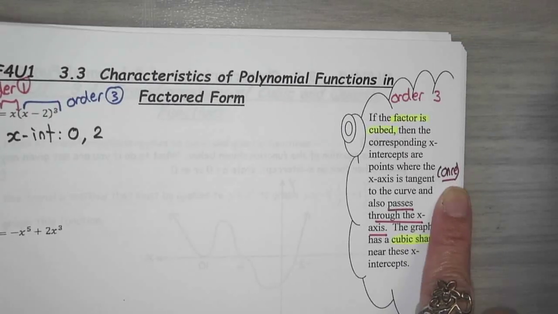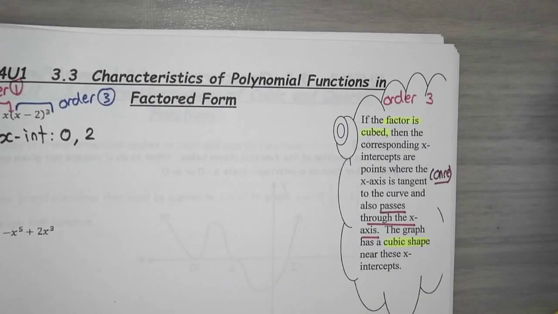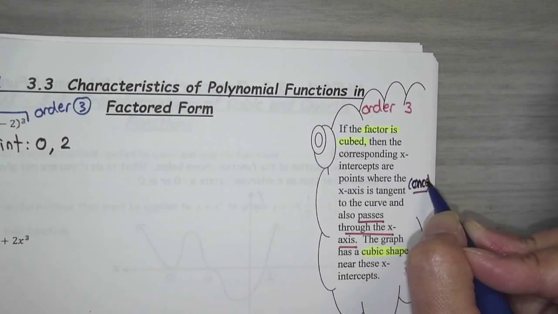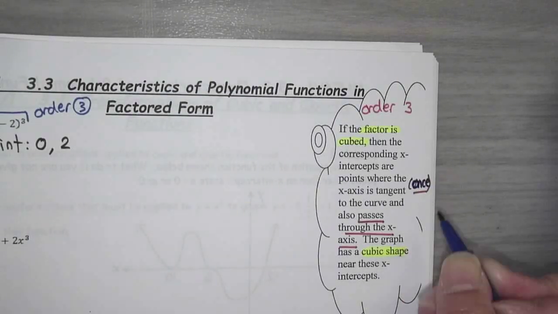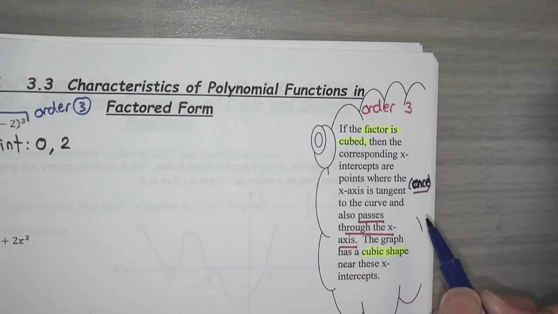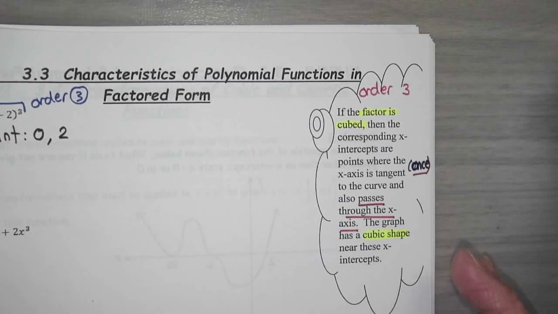So it passes through once, O-N-C-E, one time. Sorry, I know that looks funny. I now realize O-N-C-E, once, one time. Okay, passes through one time. That's what tangent means here. So it passes one time. It goes through the x-axis, and it has a cubic shape. So those are all bunches of information.